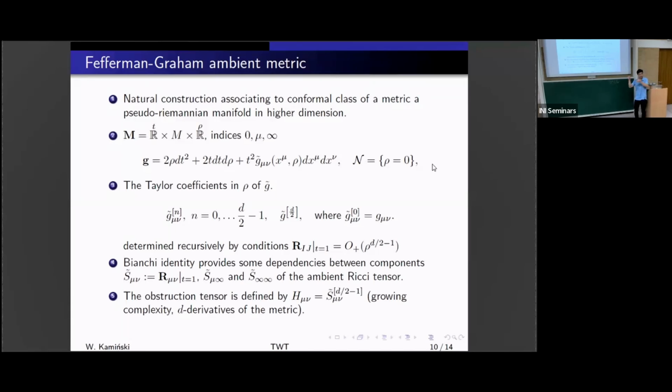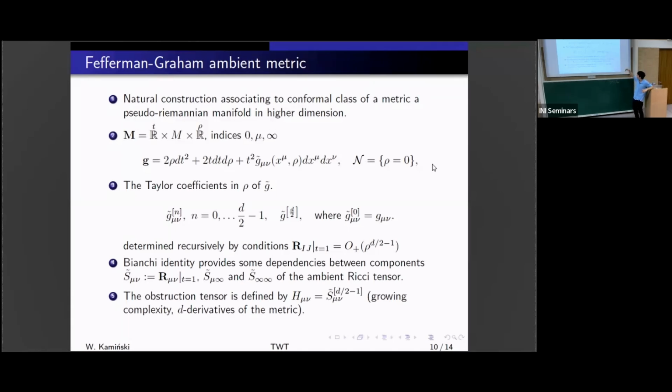signature is changing by 1, 1. So for example, for the Lorentzian, this ambient metric will be in signature 2D plus 1. Okay, but for this application, it's important to know this somehow in a specific coordinate system. And this coordinate system was already appearing today twice. It's the null-Gauss or Moncrief coordinate system.